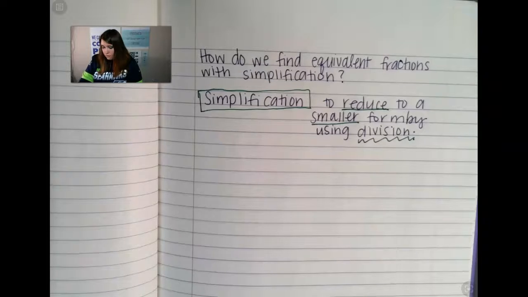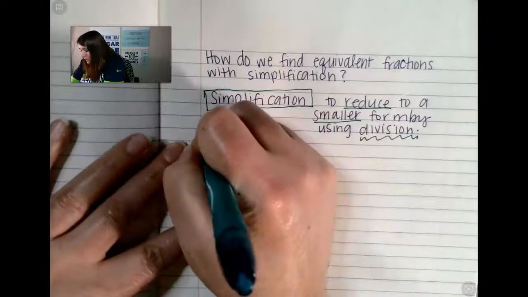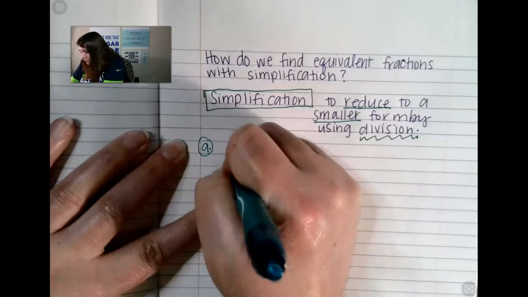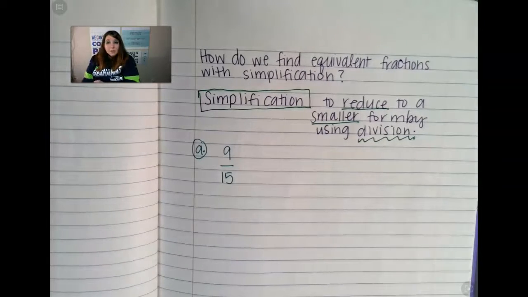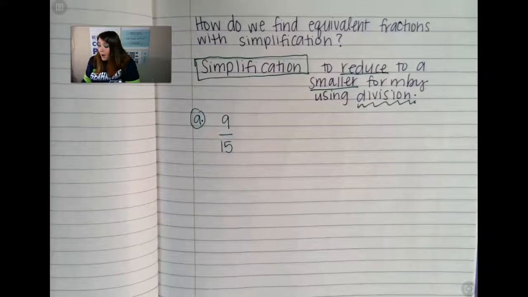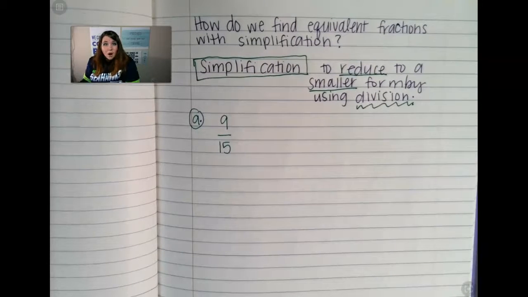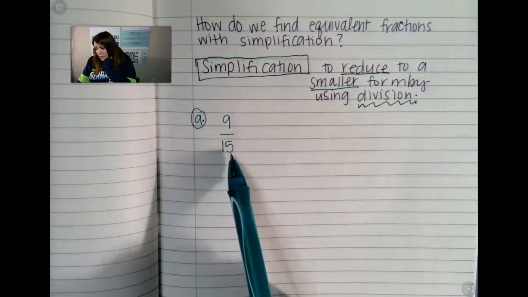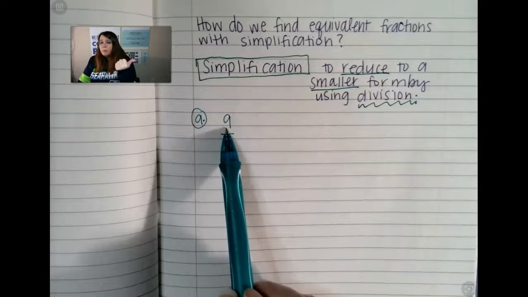Okay, so let's look at the fraction 9/15. Example A, 9/15. When I look at this, I know that I can make this fraction smaller or reduce it by finding a common multiplier or divider. If I look at 9, I know the numbers 1, 3, and 9 can go into it.